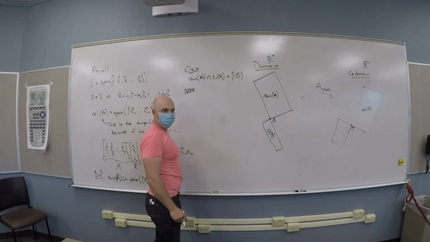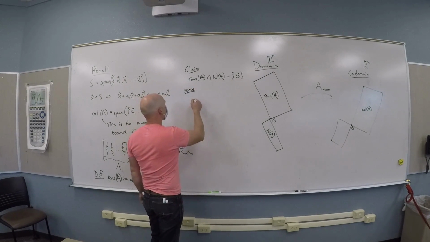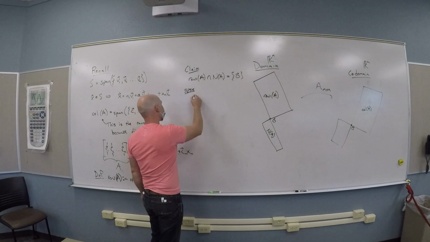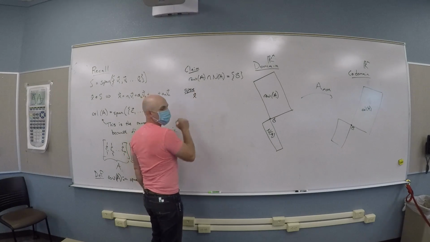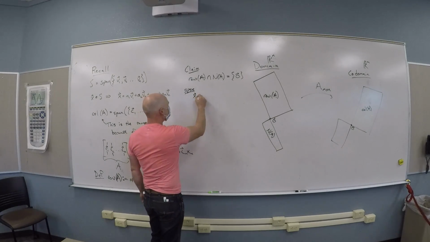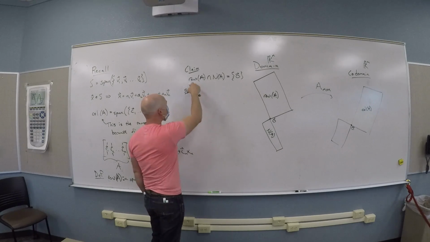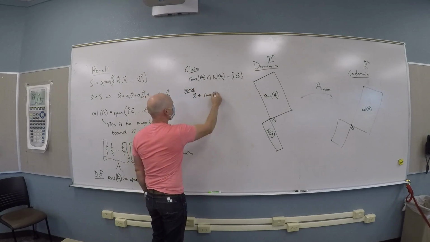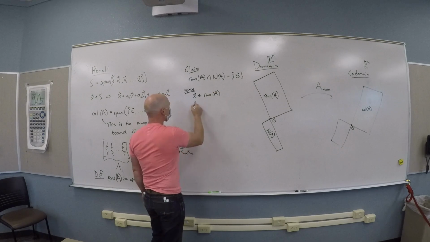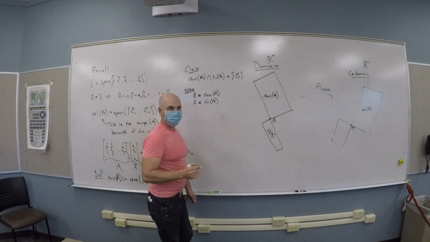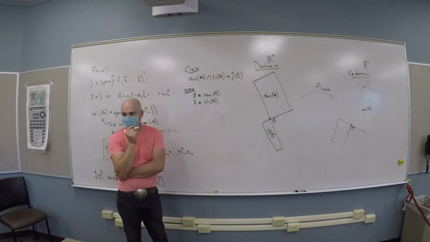I'm going to heuristically suppose that it's not true. Let there be an x, so suppose I've got an x that's in the row space of A, and x is also in the null space of A. You guys with me on that?